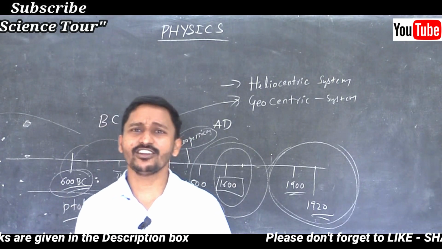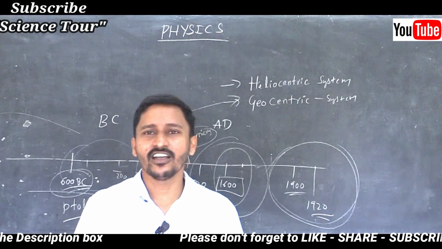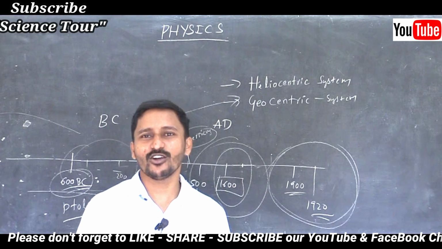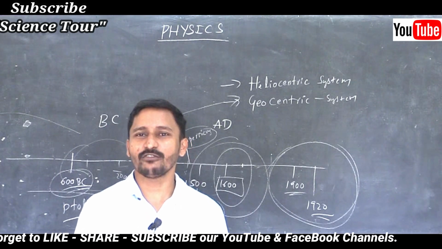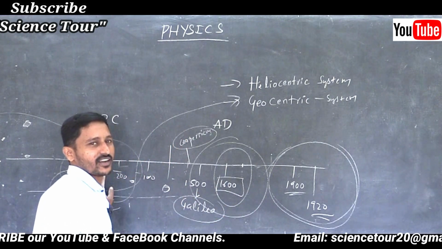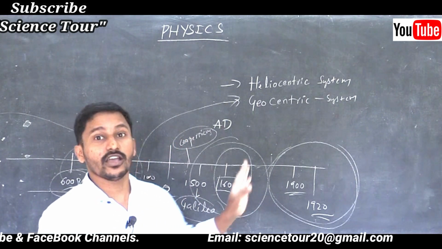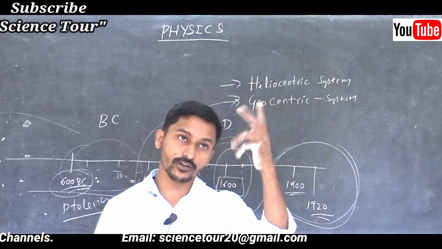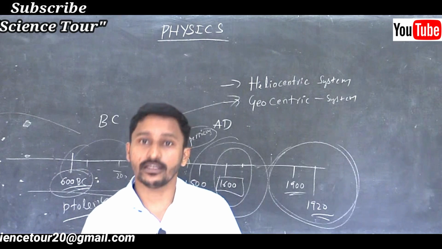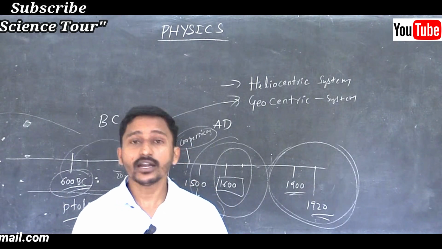We have a lot of technology. Now if I ask whether it is the heliocentric system or the sun is the center or the earth is the center, what are you going to do? You will Google it and find out. But it was not like that earlier. Earlier, they had to observe nature, observe the earth, and after that do the experiment, and after that they had to say, and you couldn't verify.